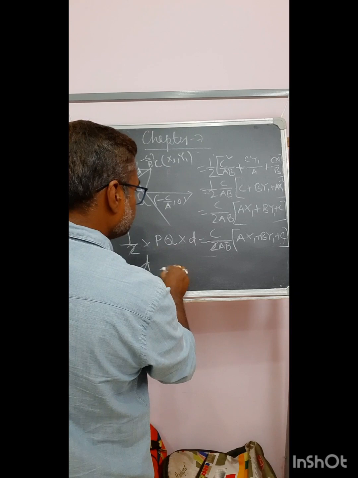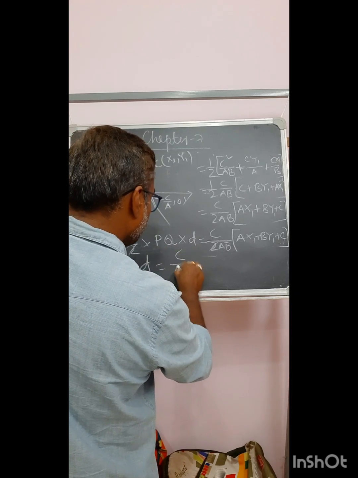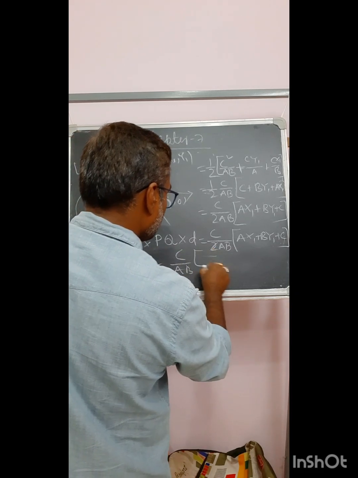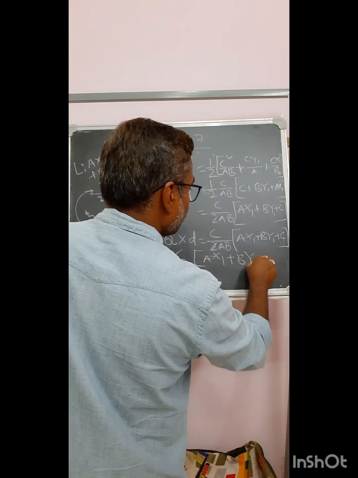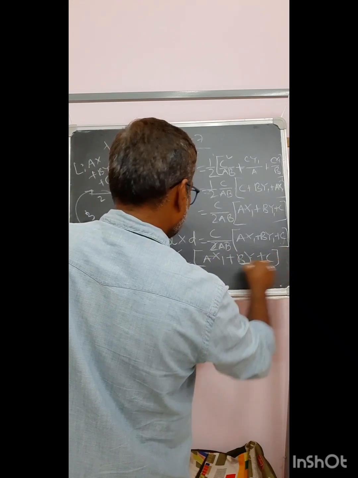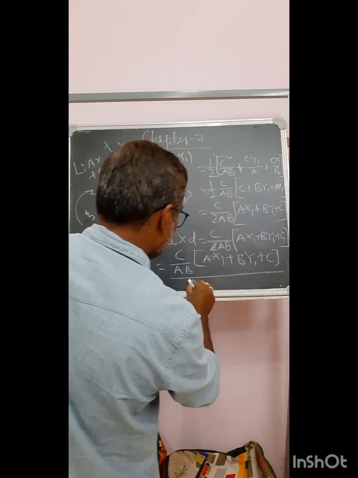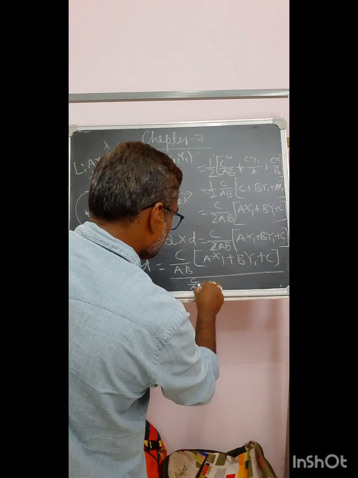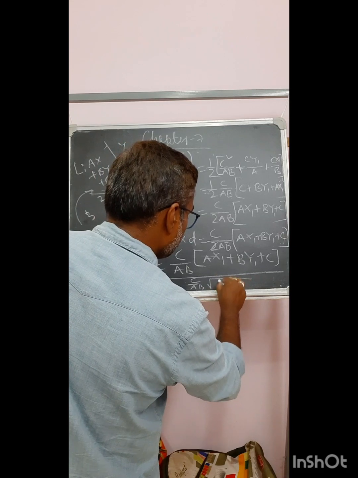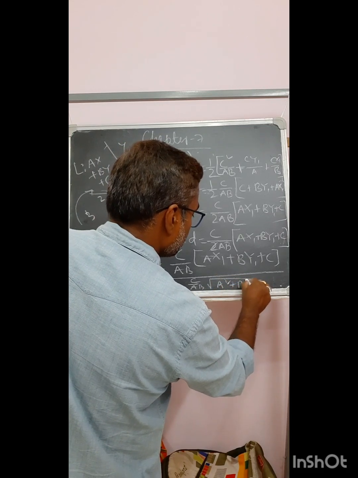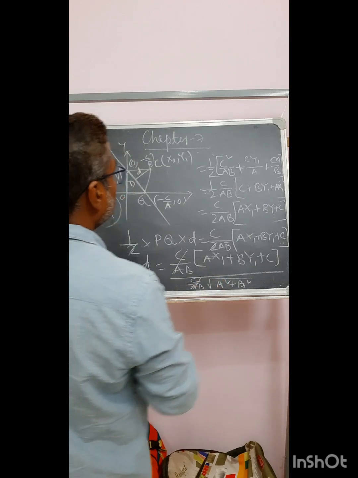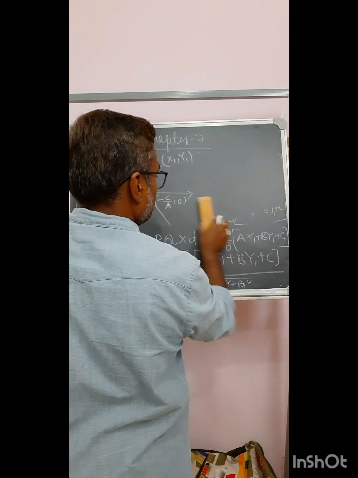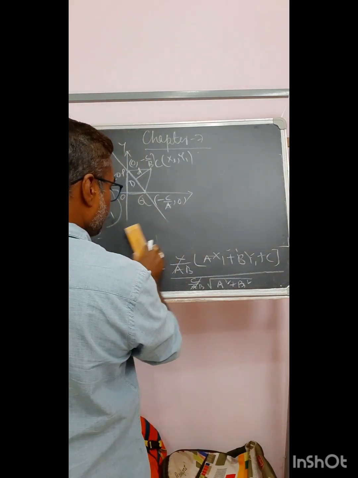So D would be C by AB into AX1 plus BY1 plus C whole divided by PQ. So for PQ, C by AB is common here, and inside it is A square plus B square. Okay. Now this part I can cancel out.